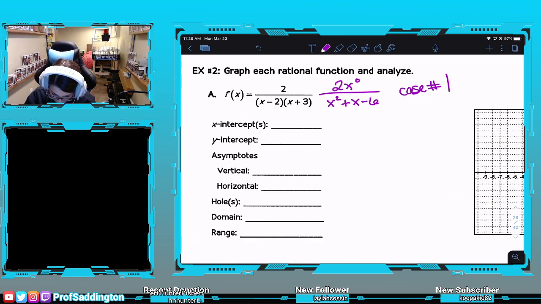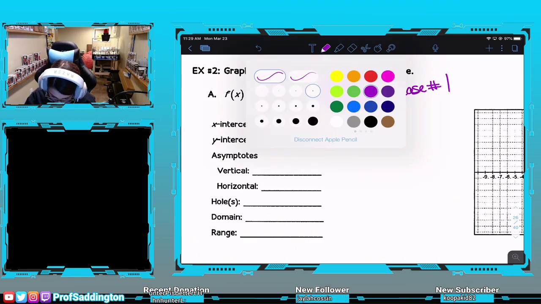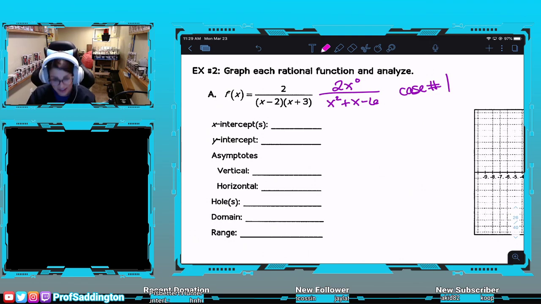All right, so there's some information we want to lay off to the side. So is there an x-intercept? Sometimes there is, sometimes there's not. So if we have an x-intercept, that means on the x-axis. So we have to think what value is going to be 0. It's going to be our y value. It's going to be like 5 comma something. 5 comma 0 is an example of a root. So if we did that, we would have like 0.